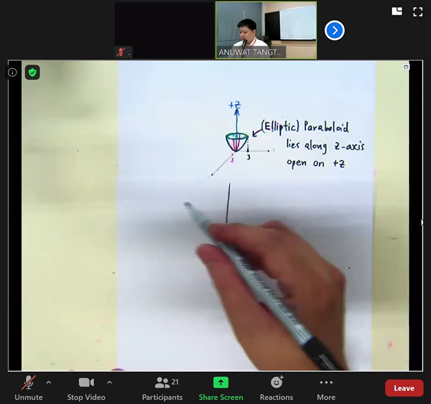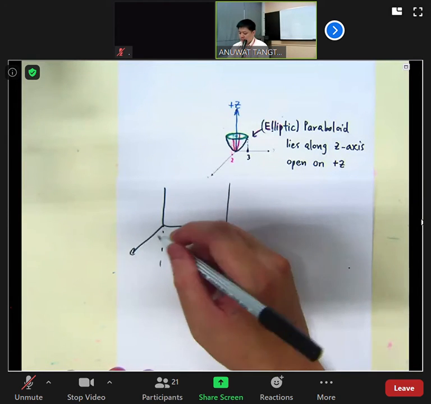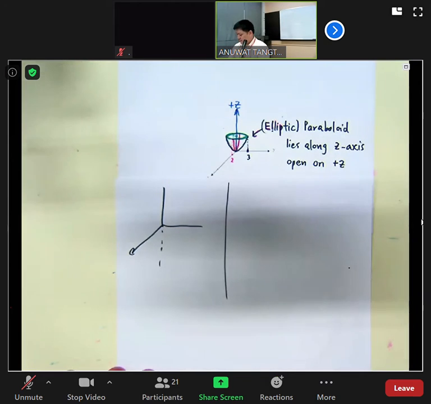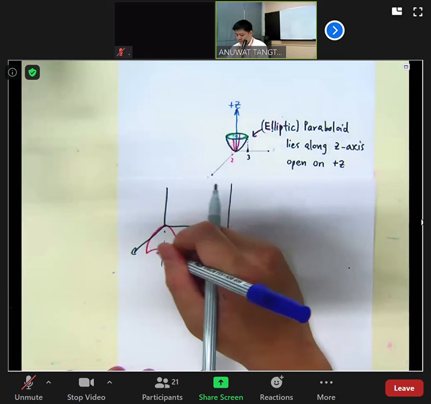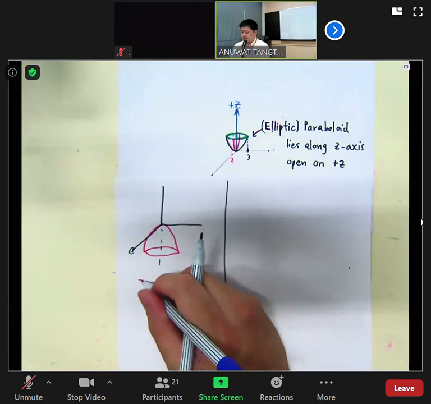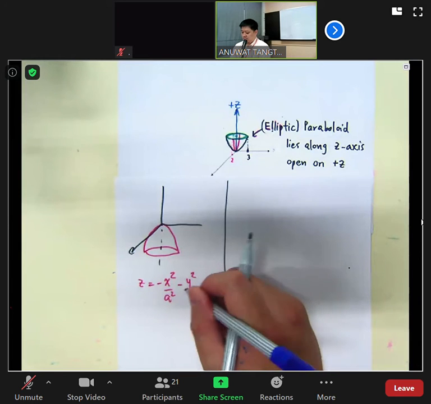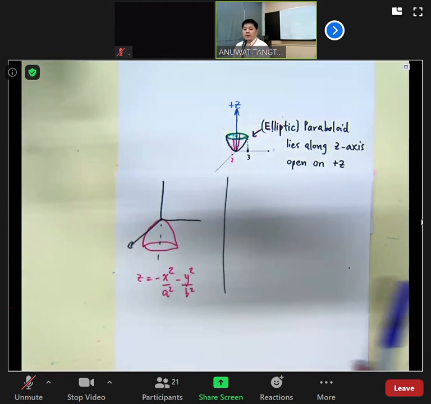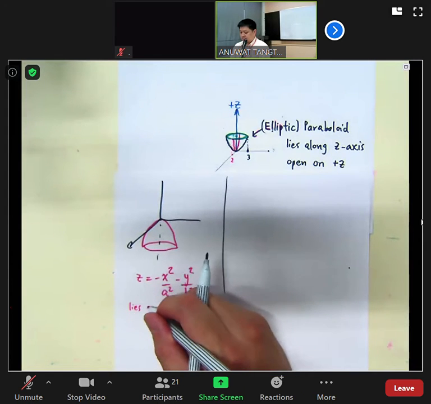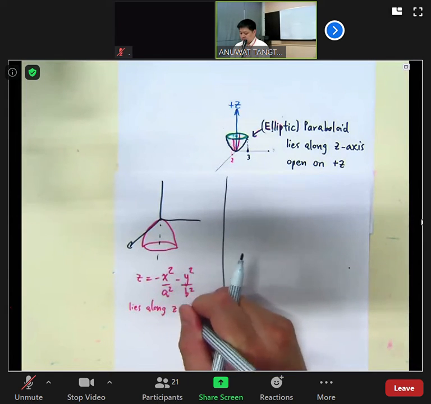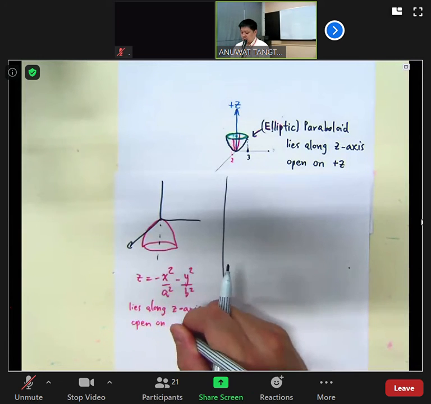So if we have z equal to minus x squared over a squared minus y squared over b squared, this lies along the z-axis and opens on negative z.